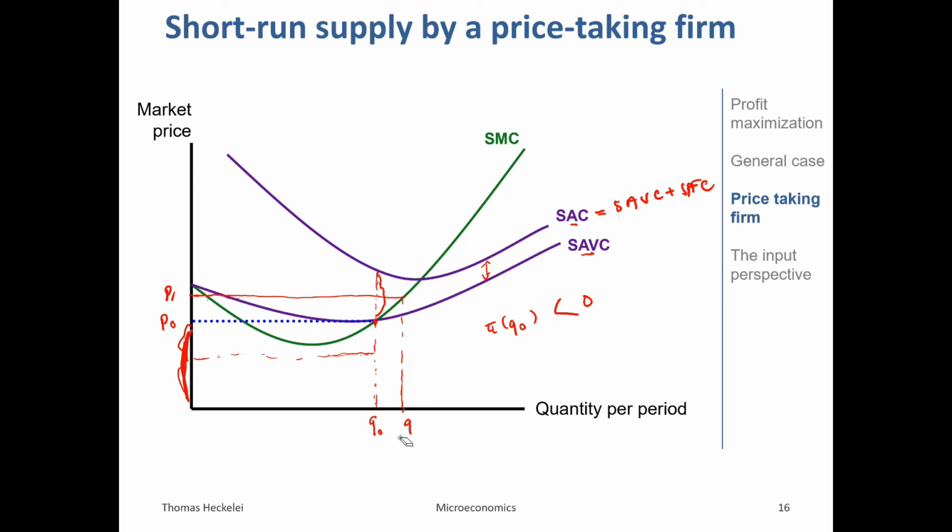So at P1 and Q1, because you set marginal cost equal to marginal revenue, I keep repeating that so that you don't forget why the short-run supply curve is the SMC. Do you get any profit? No, because what you get is still below the average cost.